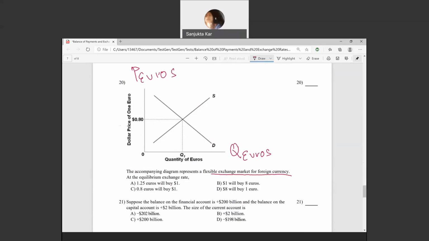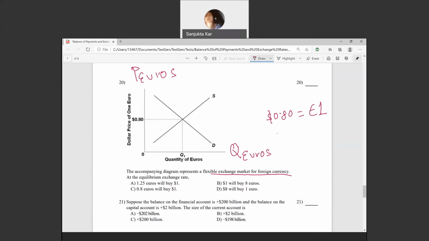So we have $0.80 is equal to 1 euro. Now I have to do the math here. So we take a look at 1 over 0.8. So I have my result as 1.25.